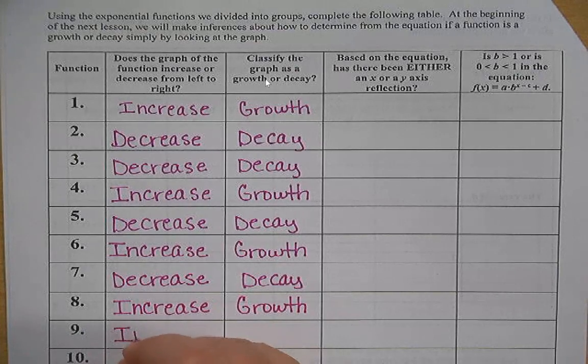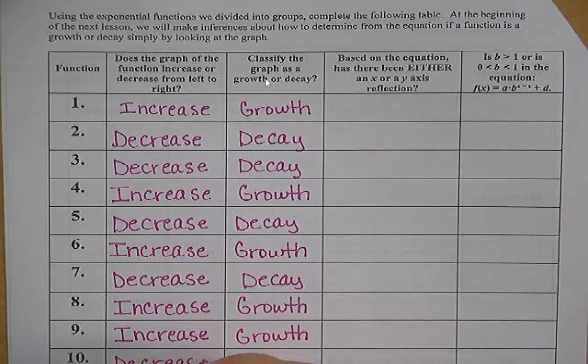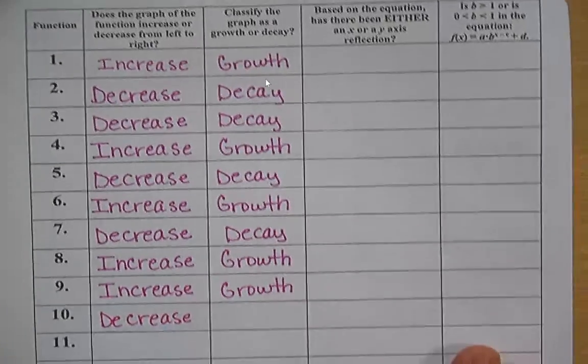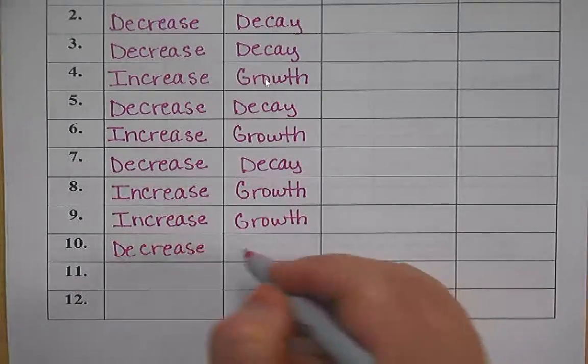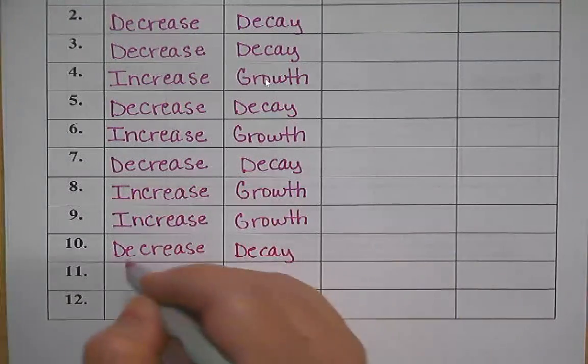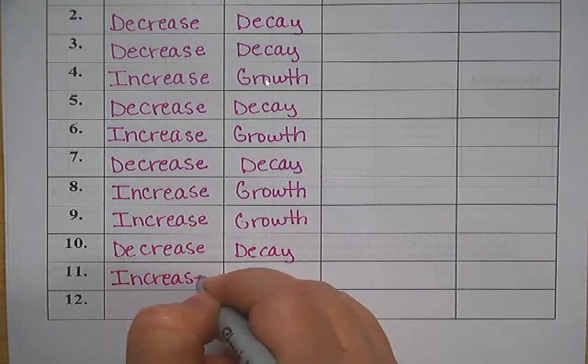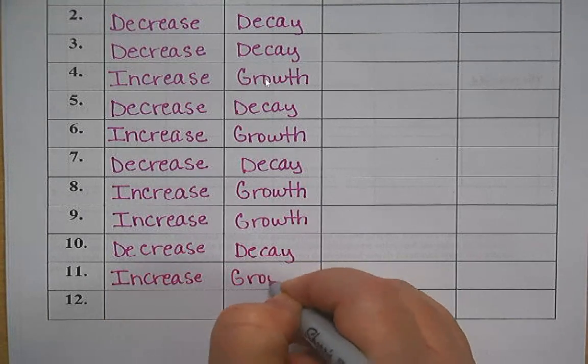Number 9 increases without bound. It's above the horizontal asymptote. Number 10 is definitely decreasing. It is a decay. 11 increase, which makes it a growth.